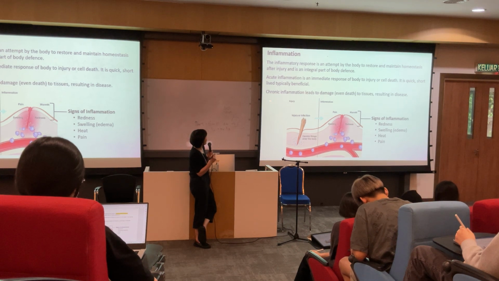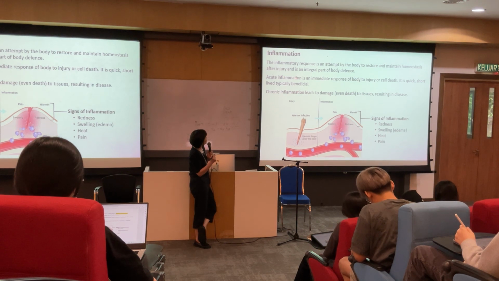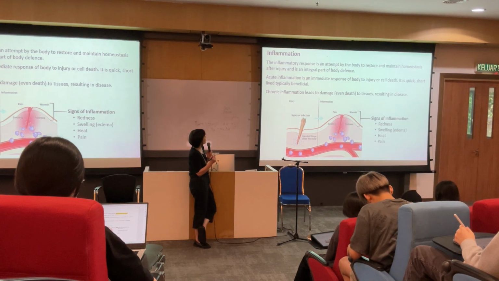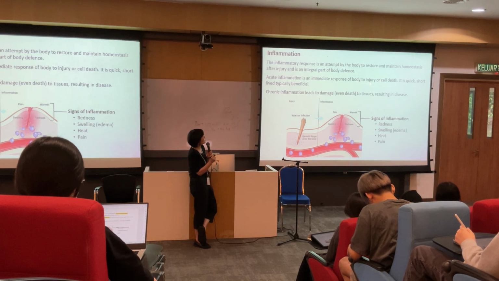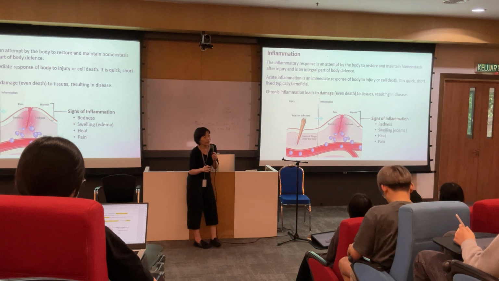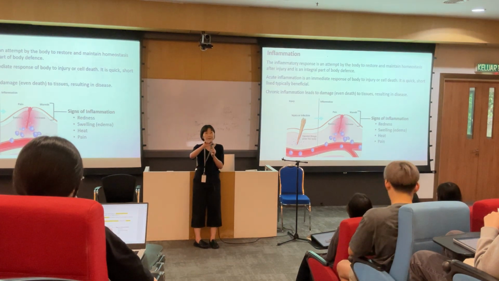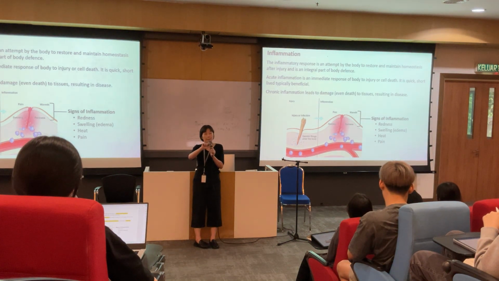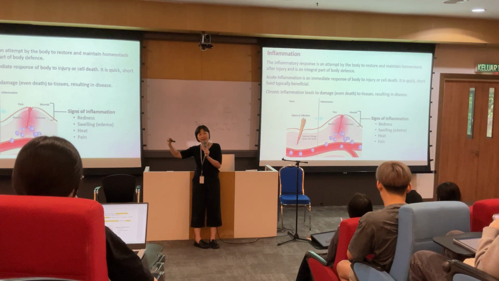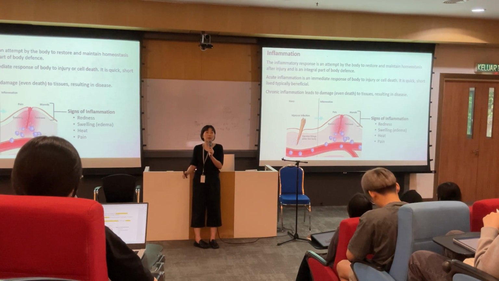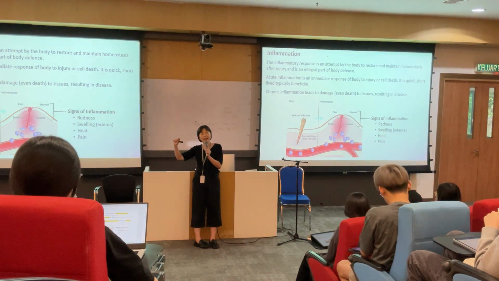So we also compare acute inflammation and chronic inflammation. Acute inflammation is good because when we have a viral infection, normally we'll have acute inflammation. It is our immune response working to remove the virus. But if this is chronic inflammation, meaning that we have a very low level of inflammation but it continues, this is not good because it is eventually destroying our own cells.